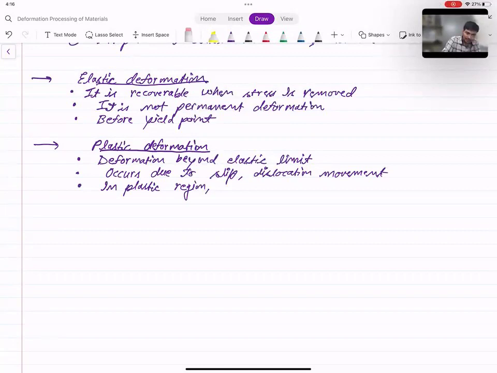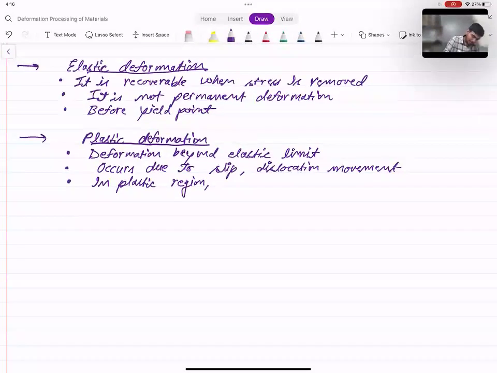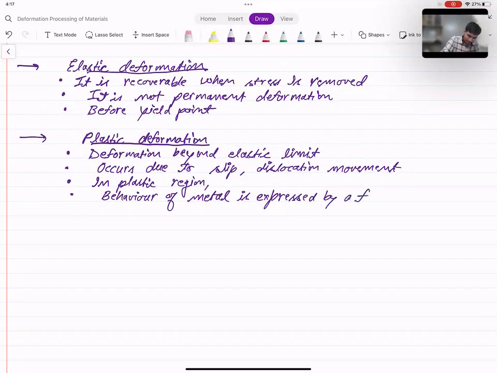and the behavior of metal is expressed by a flow curve.